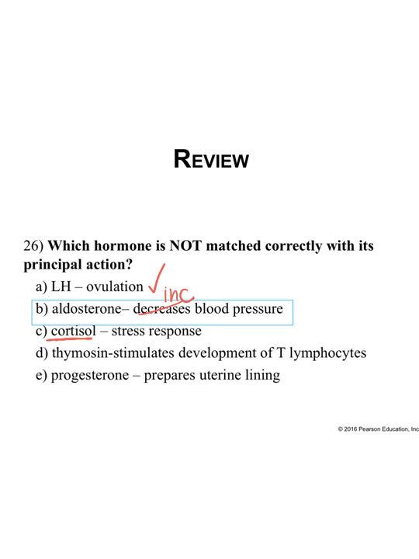Thymosins and thymopoietin stimulate T lymphocytes, and progesterone prepares the uterine lining, making sure that you don't miscarry, slough off the very inner portion, and it also stimulates the muscle as well to increase the thickness. So that's true.